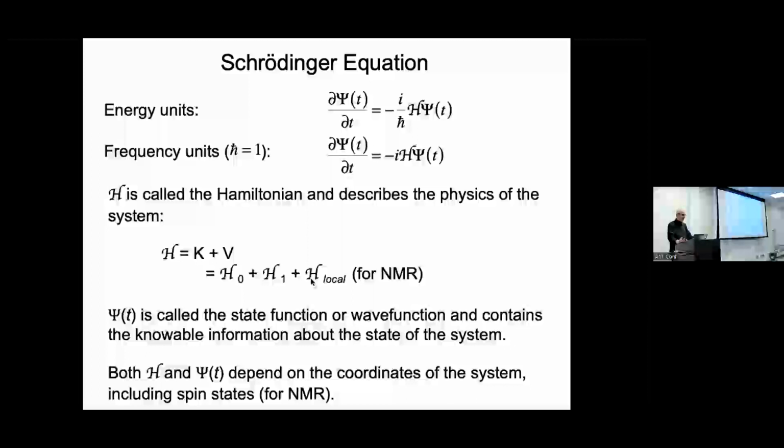For a while, that will just be J couplings and chemical shifts. In the language of quantum mechanics, this capital psi is called the wave function or the state function, and it contains information about the state of the system, and H contains all the physics, as I said, the interactions with the magnetic fields, the local interactions.